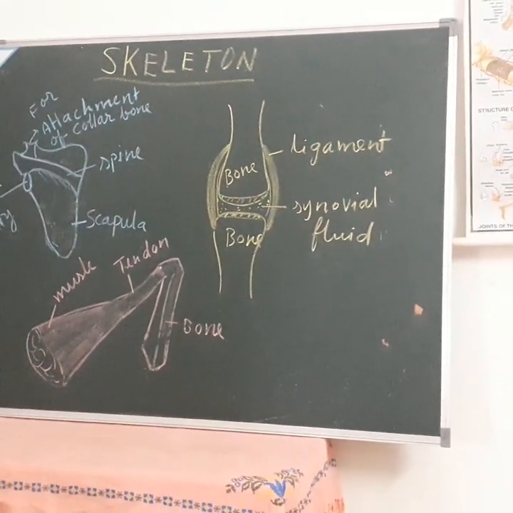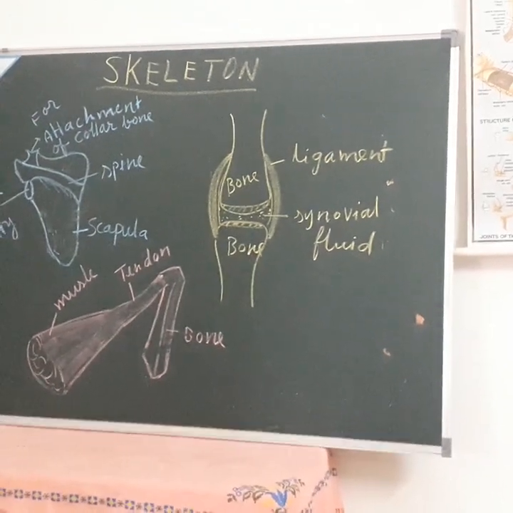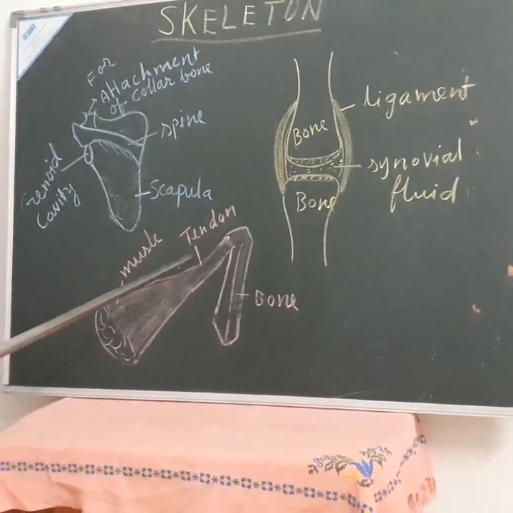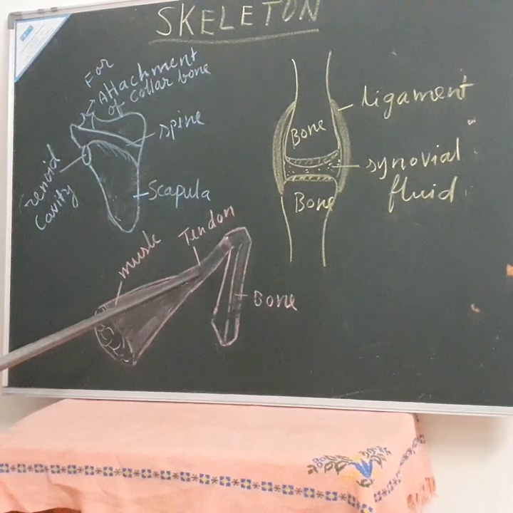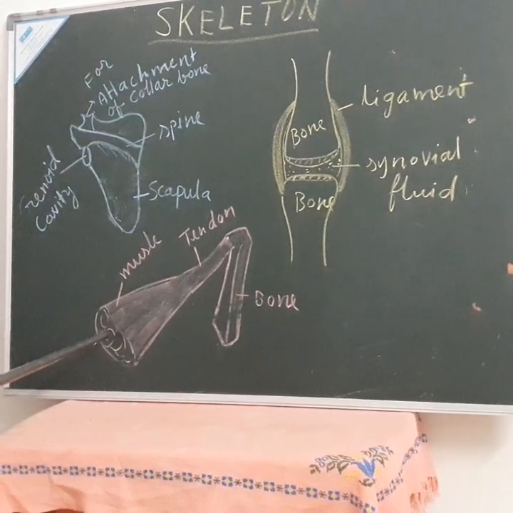Each muscle usually has two ends, a fixed end and a movable end. Here you can see a movable end and fixed end.